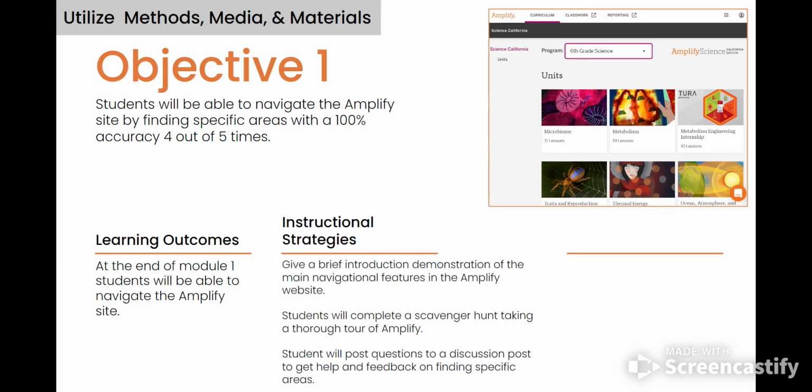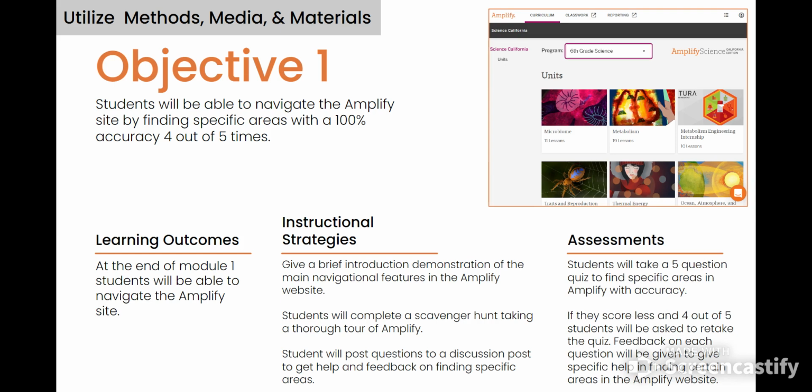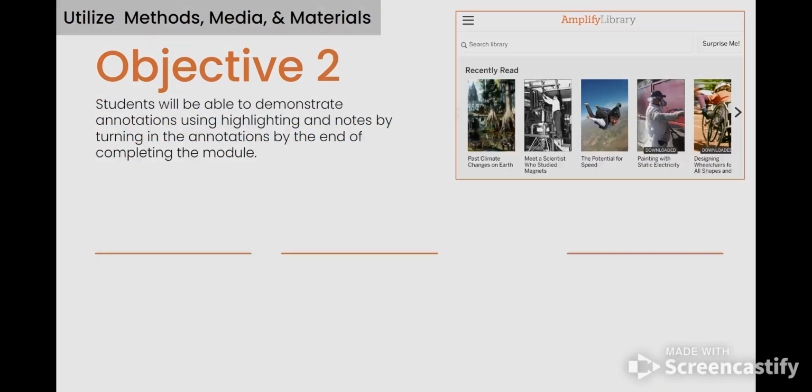The instructional strategies to help students learn how to navigate will be that they are introduced with a demonstration of the website and then go on a scavenger hunt online, and be able to post things that they find together so that they get some feedback from other students. And finally, taking a quiz that will help them learn and show their knowledge of accessing different places in Amplify.